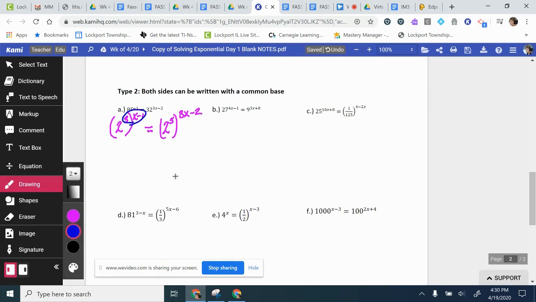We do our properties of exponents, and I have 2 to the 3x minus 3 equals 2 to the 15x minus 10, equal power, same base, set the exponents equal to each other, solve for x.